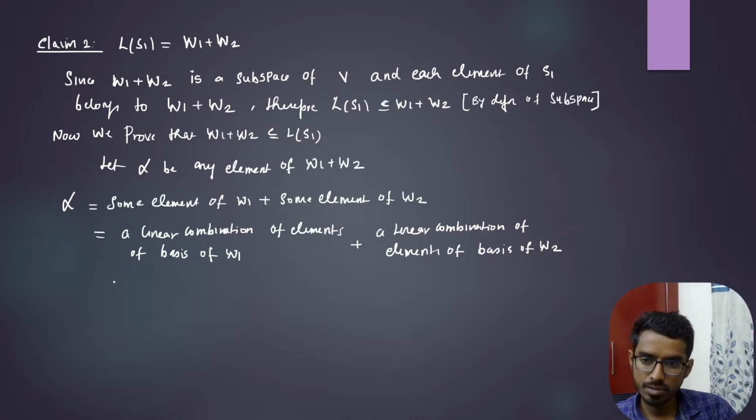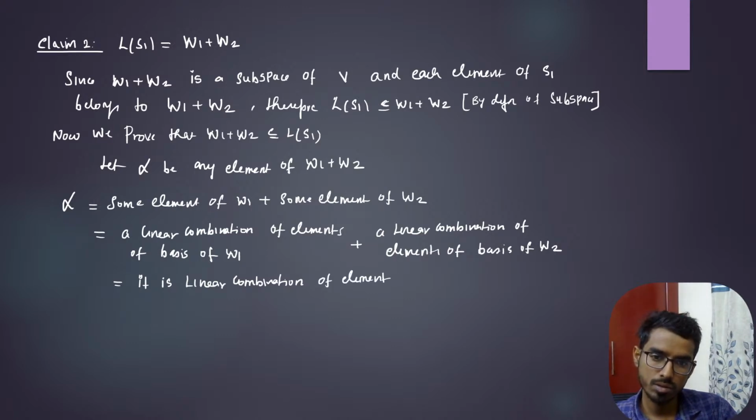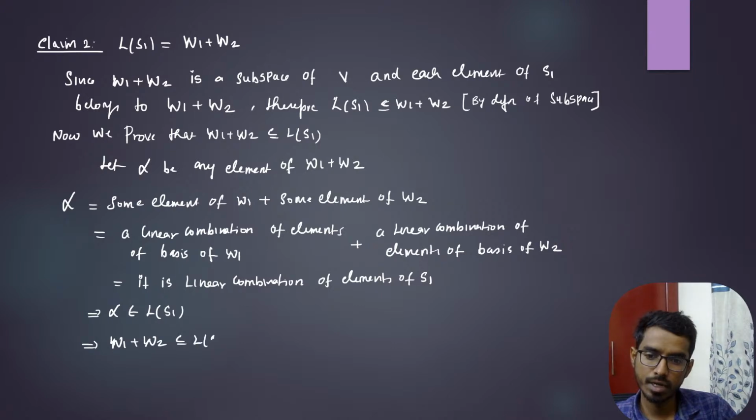So this is a linear combination of elements of S1. This implies alpha belongs to L of S1. And where is alpha? In W1 plus W2. So W1 plus W2 is contained in L of S1.